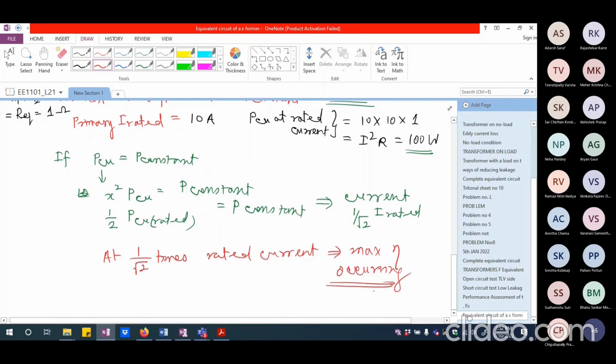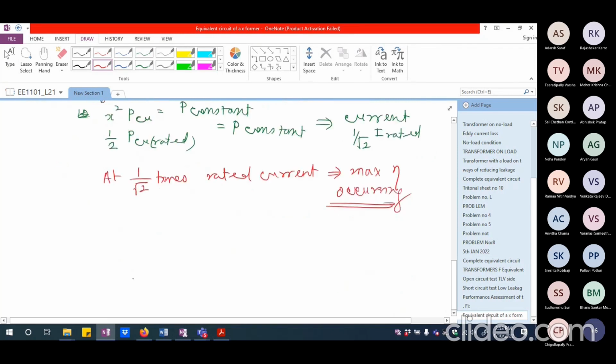Is this clear? So very often you may see that the maximum efficiency of a transformer does not occur at 100% load. If I try to plot the efficiency versus percentage load on the transformer, or percentage I rated, and I call percentage load synonymous with percentage I rated because the voltage is going to be a constant in a transformer.